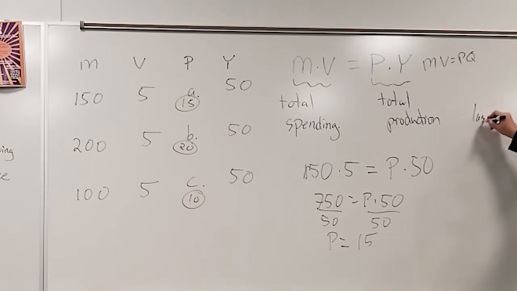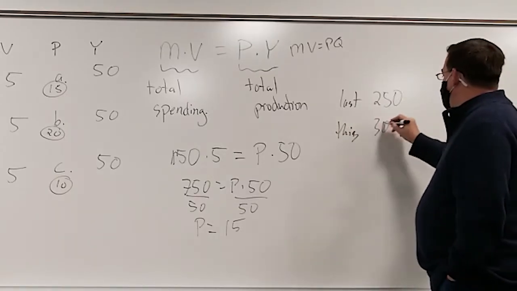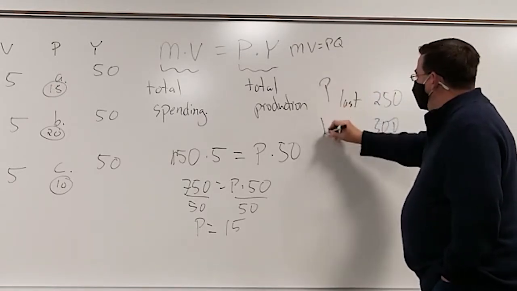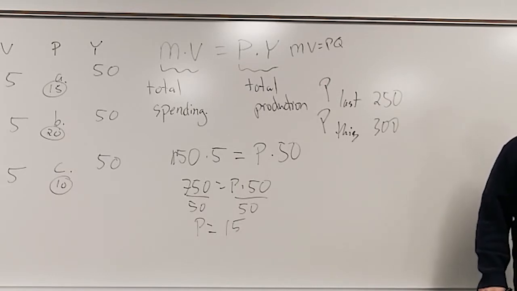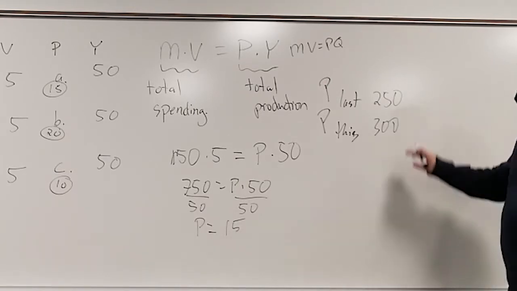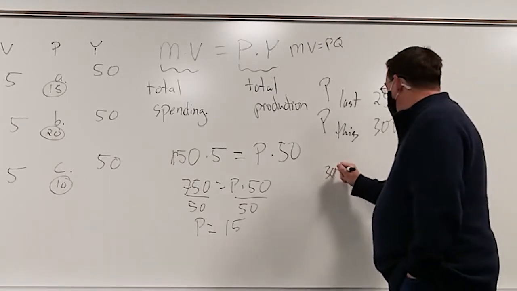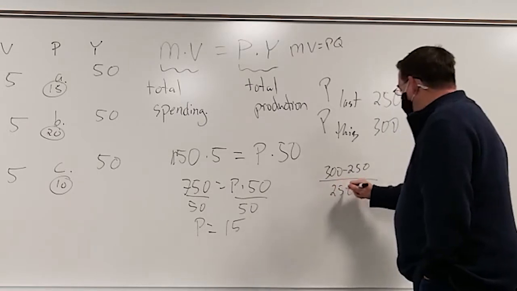Suppose that last year the price level was 250, but then this year the price level is 300. What is the growth rate of the price level? We would take 300 minus 250, and divide it by 250.